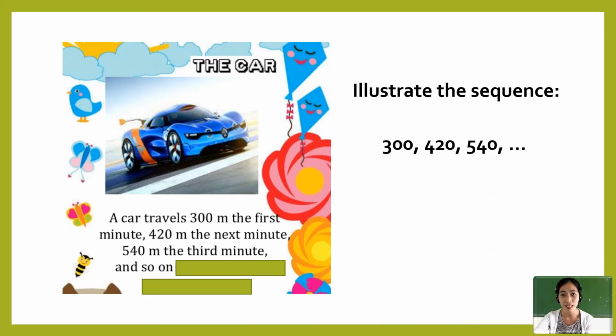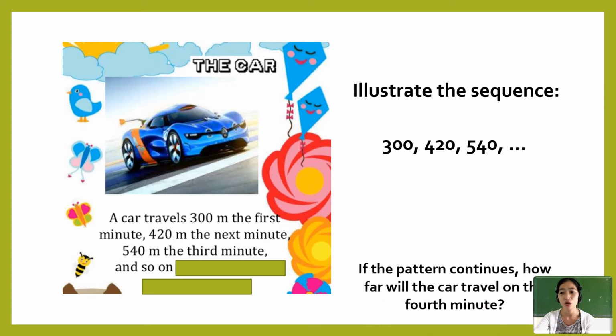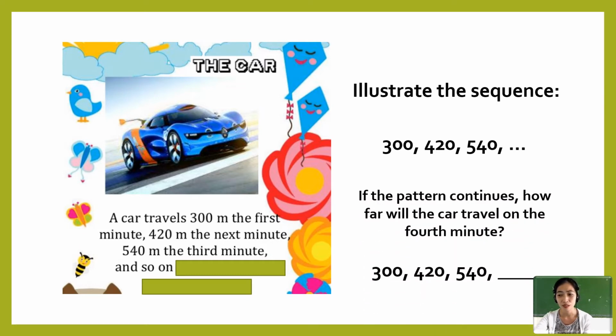We have 300, 420, 540, and so on. So, how far will the car travel on the fourth minute if this pattern will continue? So it will be 660 meters.